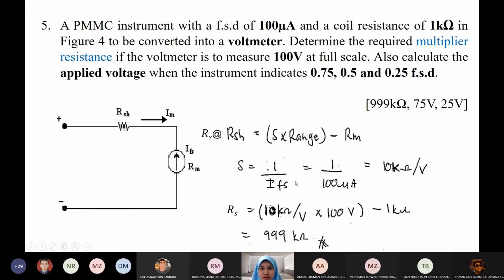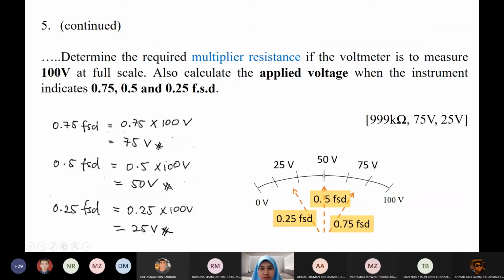So we found the RS, and then we want to mark the value at 0.5, at 0.75 of the full scale, at 0.25, or at 0.1. 0.75 full scale deflection is 75% of the full range. Understand or not? Can you understand? Yes, doctor.